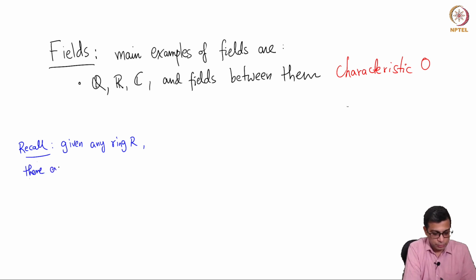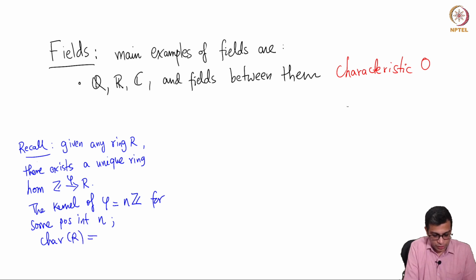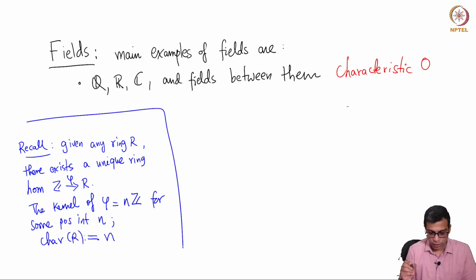There exists a unique ring homomorphism from Z to R. The kernel of this, which is an ideal of Z, let's say phi, is of the form nZ for some positive integer n. Then the characteristic of R is defined to be n. Okay, that is the revision.